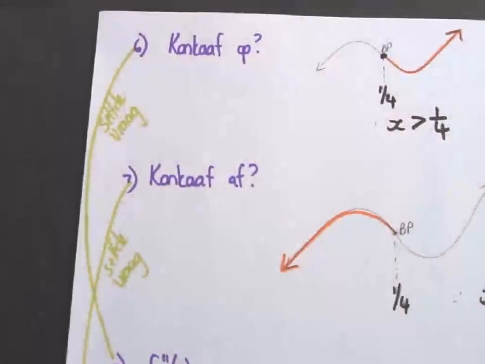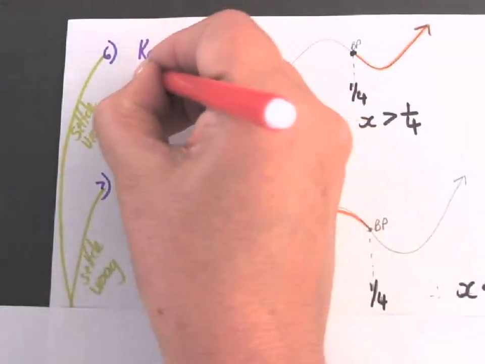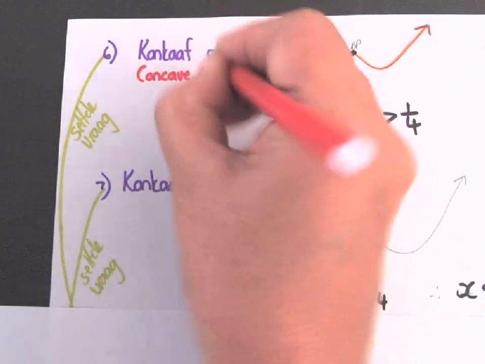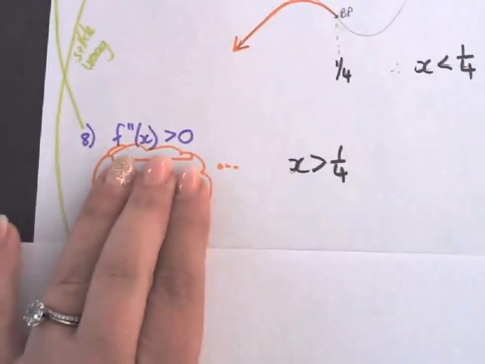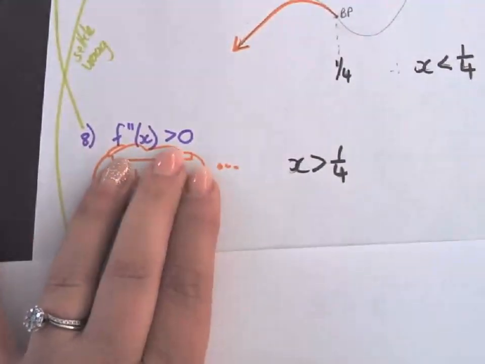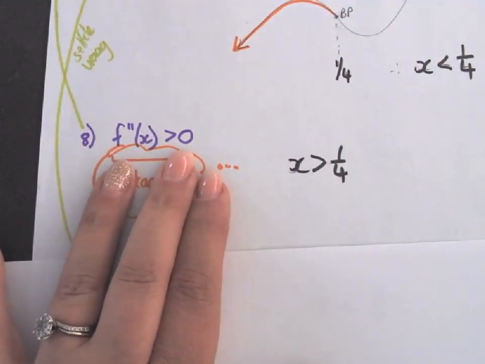Now, question 6 asks concave up. But the same question can be asked differently. Where is the second derivative larger than 0? Those two questions ask the same thing, so your answers will be the same.